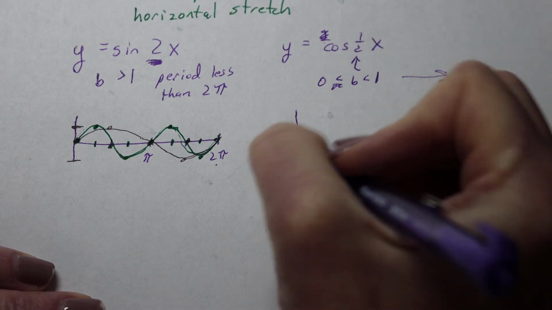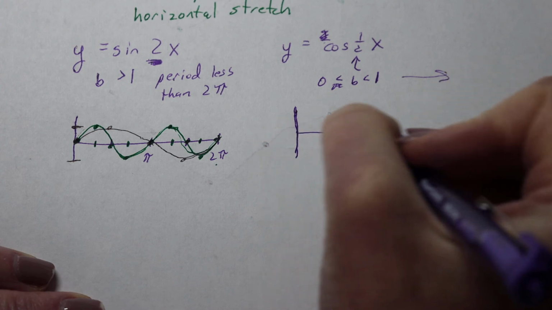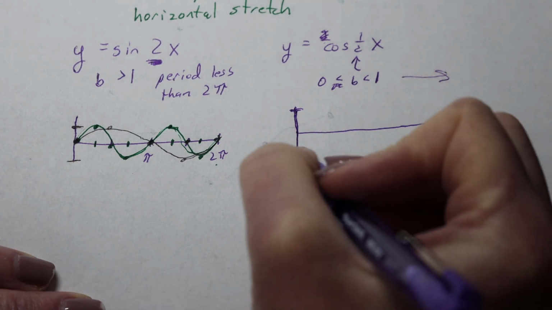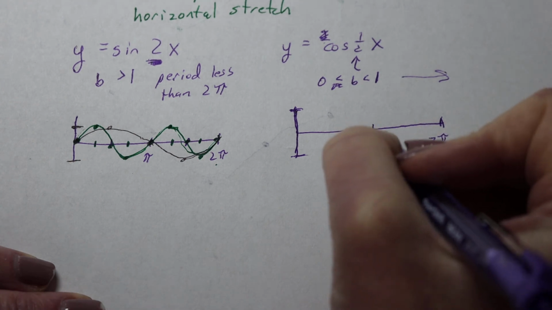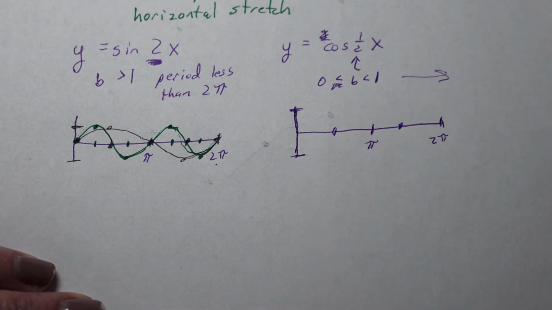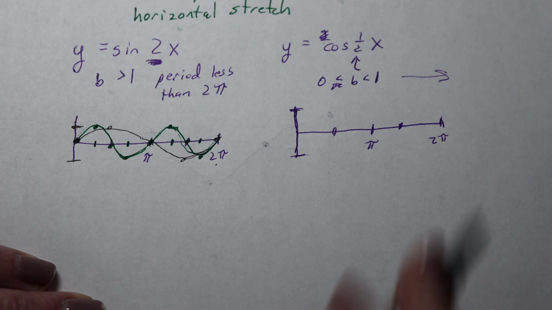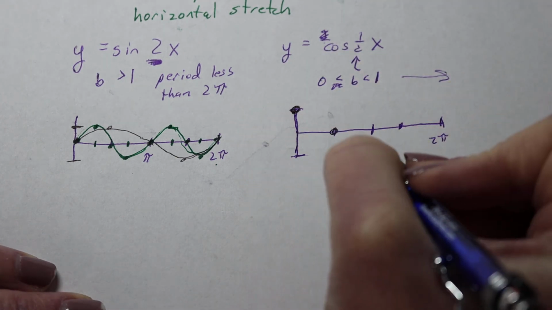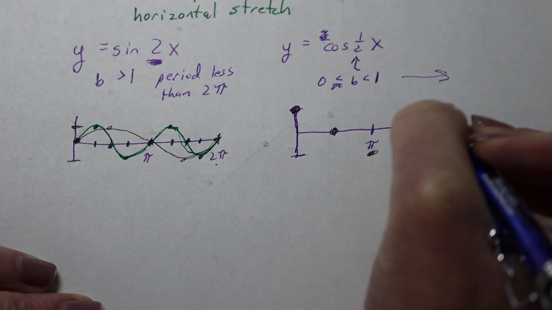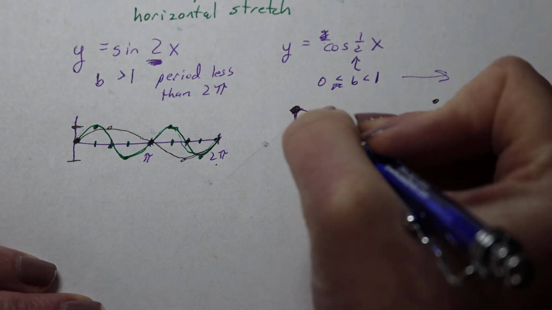So if I draw my basic cosine graph, we know cosine starts at +1, bottoms out at pi, and comes back.